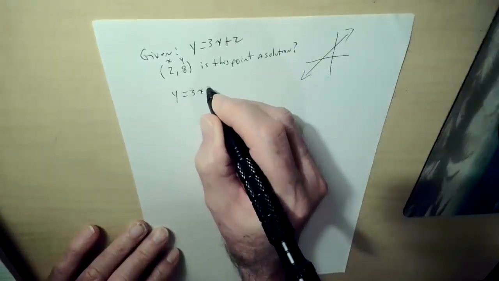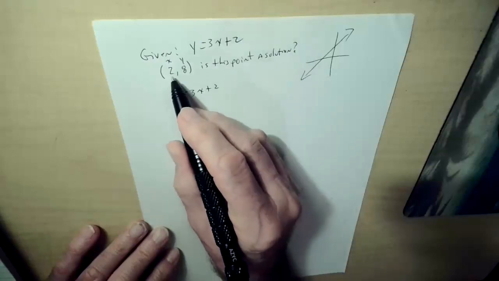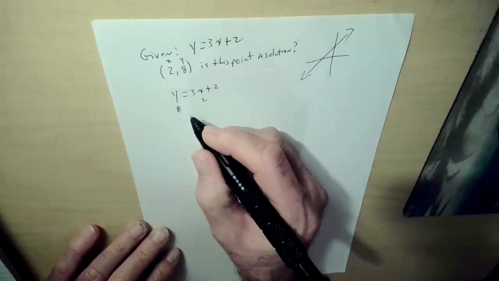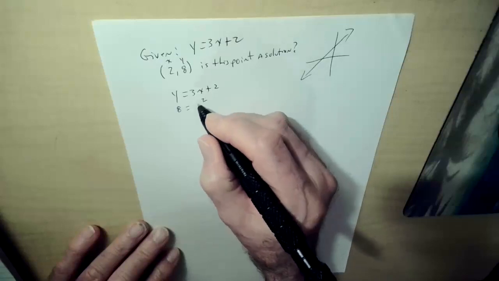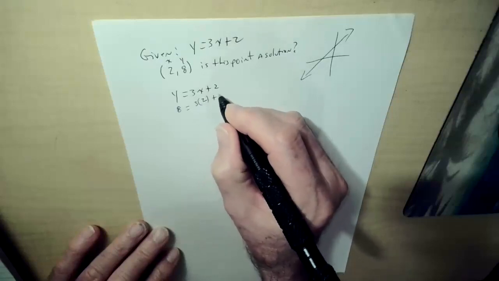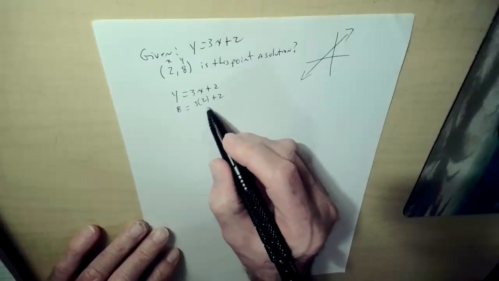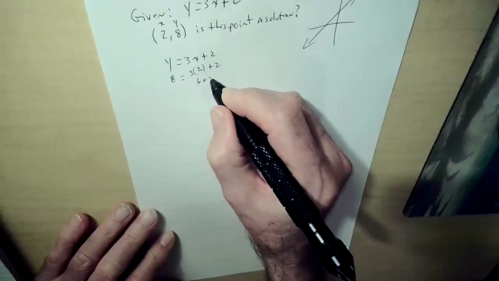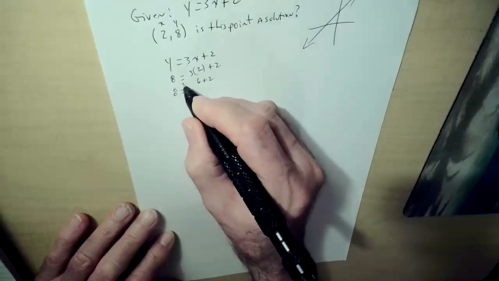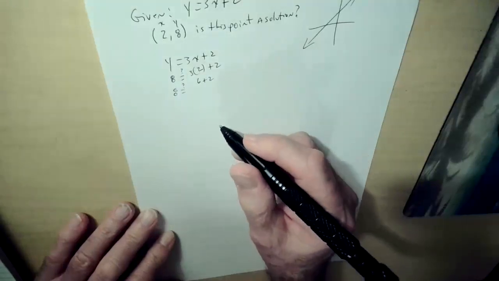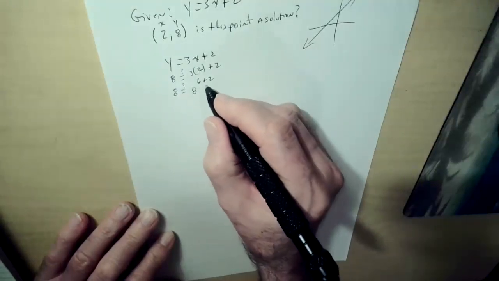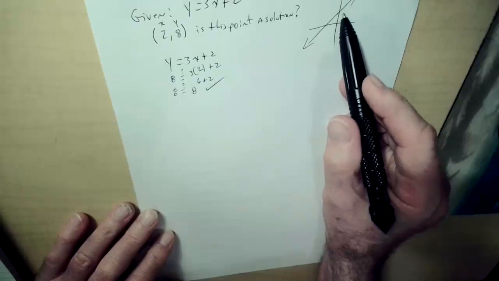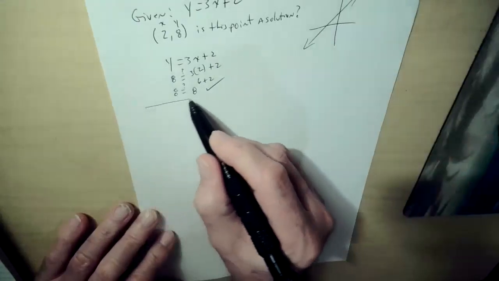So all we do is we plug in the numbers. y equals 3x plus 2. So for x, we plug in 2, and for y, we plug in 8. So 3 times 2 plus 2. Now we do order of operations here. 3 times 2 is 6, plus 2 is, and we put a question mark on there, does it equal? And 6 plus 2 is 8, so 8 equals 8. So yes, this point, (2, 8), is on this line.